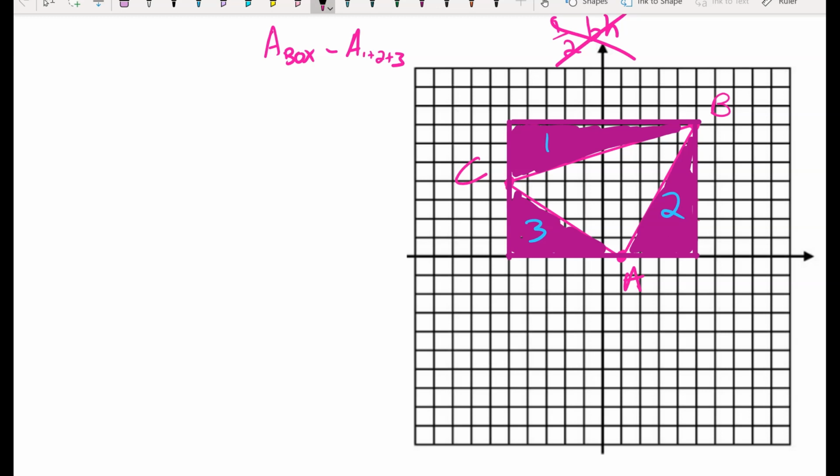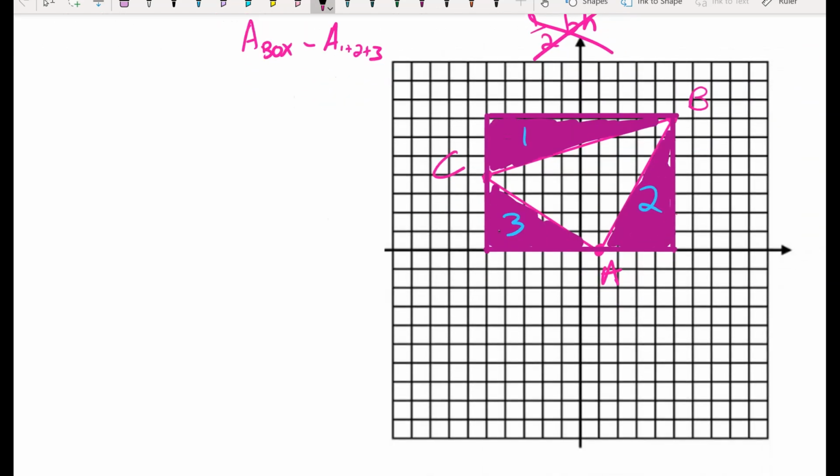And if I do that, I'll just be left with that white space in the middle, which is exactly what I'm looking for. So for the area of triangle 1, that's just going to be 1/2 the base times the height. And if I count boxes here, that base is 10, and the height going down is 3 units. So that's 1/2 of 3 times 10, or 1/2 of 30, which is 15.